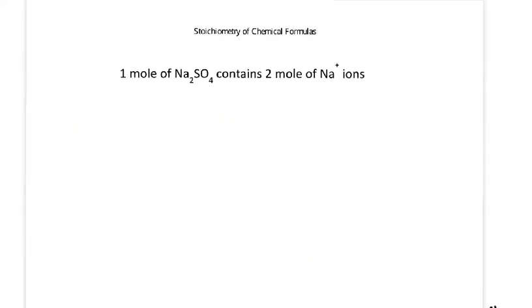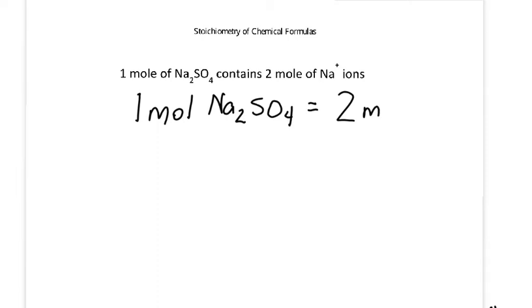So, since the ratio doesn't change between sodium ions and sodium sulfate units, even when we go up to the macroscopic level in terms of the mole, we can still write this as a conversion factor. 1 mole of sodium sulfate contains or is equal to 2 moles of sodium ions. There's still 2 moles of sodium ions per 1 mole of sodium sulfate.